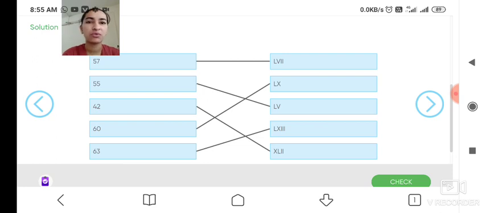The first matches with first, second matches with third, and third is 42, 42 matches with the second last. And 60 is LX, that means 50 plus 10, and 63 is 50 plus 10 plus 3. Okay students, is your answer correct or not? You have to try.